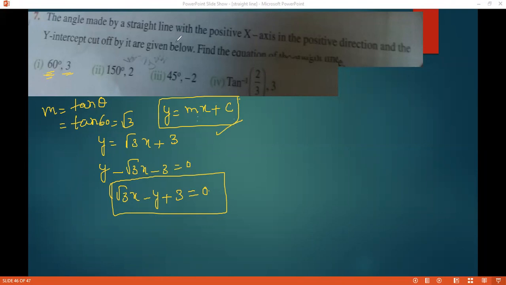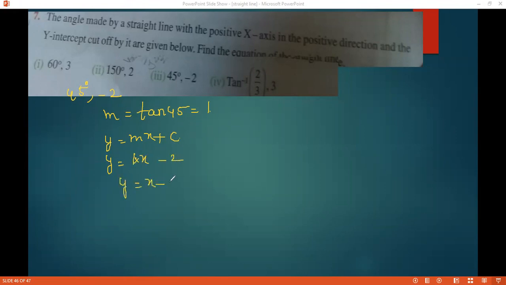Intercept means the y-intercept cut off by it, that means where it touches the y-axis. Here y-intercept is c and slope is m. Because we know slope and intercept, that is y is equal to mx plus c, it is just a substitution.